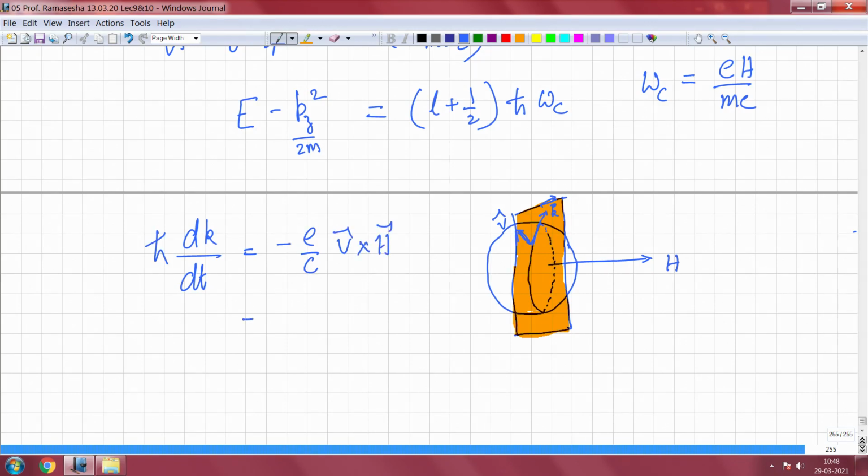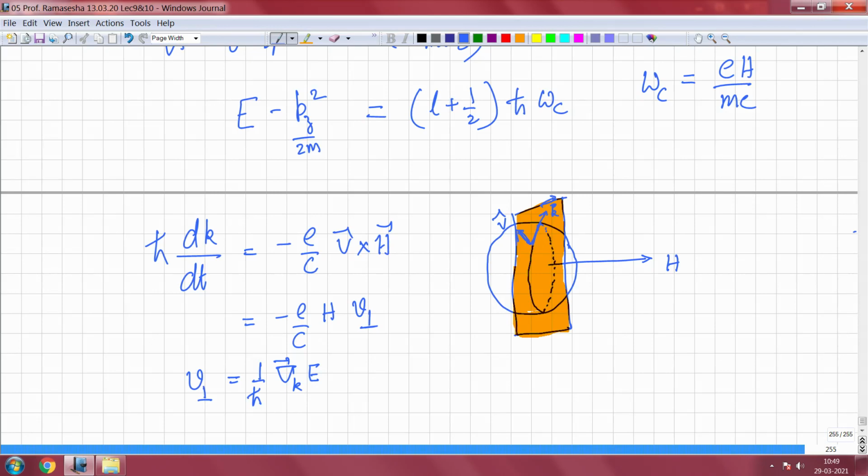Or I can also write it as minus e by c H times V perpendicular, because H times V perpendicular is a definition of V cross H, and V perpendicular itself is given by the gradient of the energy surface with respect to k. So, I can actually write it as grad k E times 1 by h cross. So, this is the gradient, and we know that the gradient is always perpendicular to the surface.